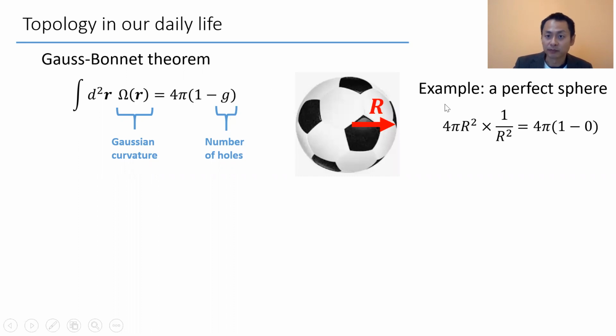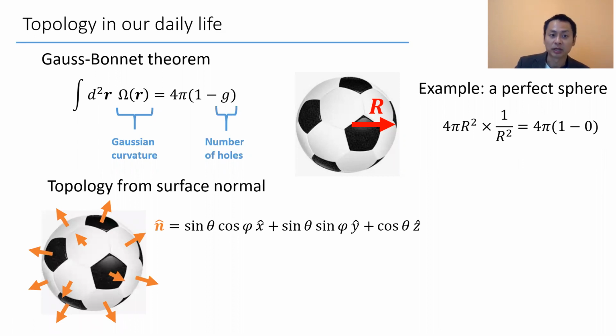As a simple example, if you have a perfect sphere, you know the surface area is 4 pi r squared. And its Gaussian curvature is the same everywhere, which is roughly speaking just the curvature in x direction times the curvature in y direction. So it's 1 over r squared. And as you can see, it's 4 pi times 1 minus 0. So meaning that a perfect sphere does not have any holes.